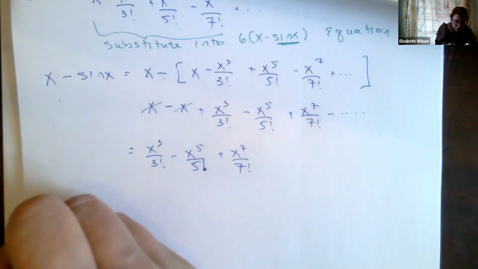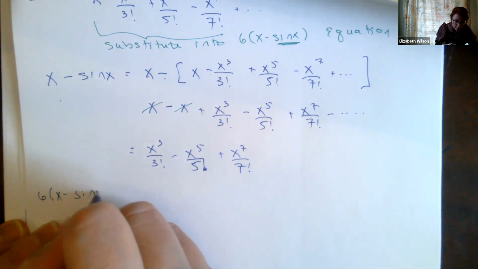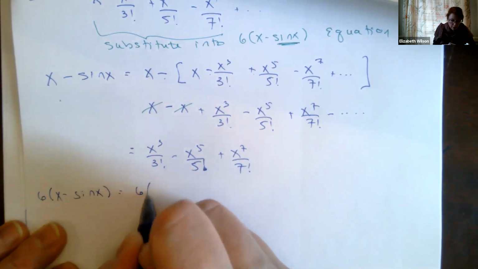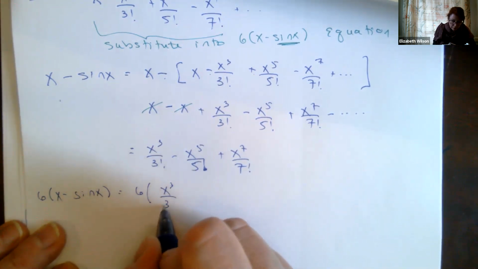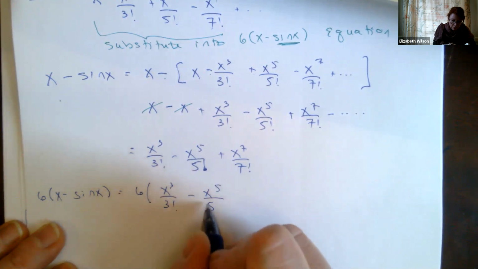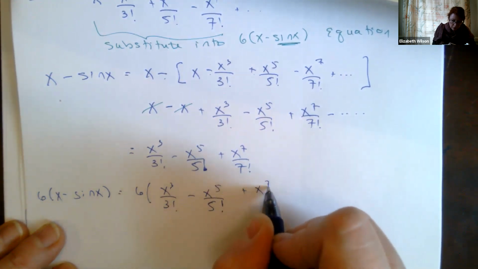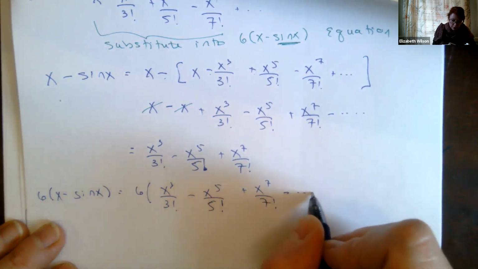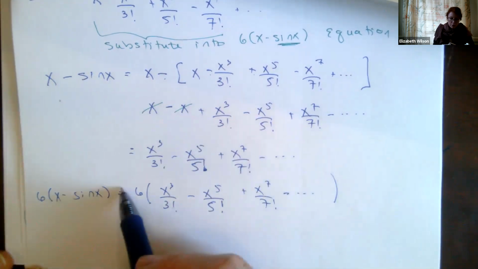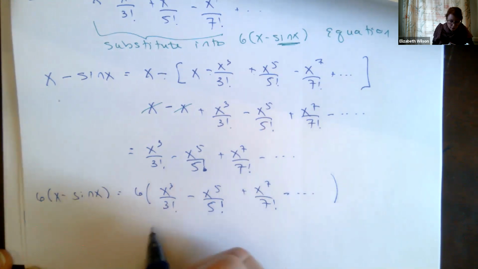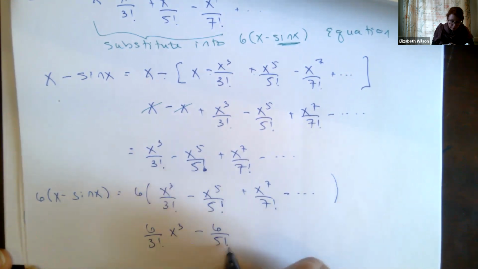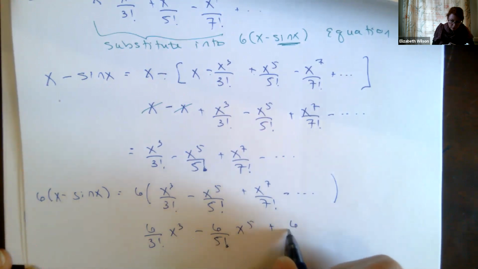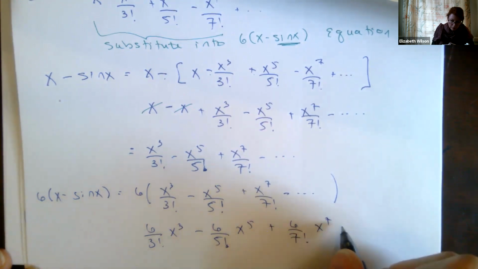So now 6 times x minus the sine of x is equal to 6 times this expression. Now I'm going to distribute the 6 into all those terms. So this is going to become 6 over 3 factorial, x cubed, minus 6 over 5 factorial, x to the 5th, plus 6 over 7 factorial, x to the 7th, dot, dot, dot.